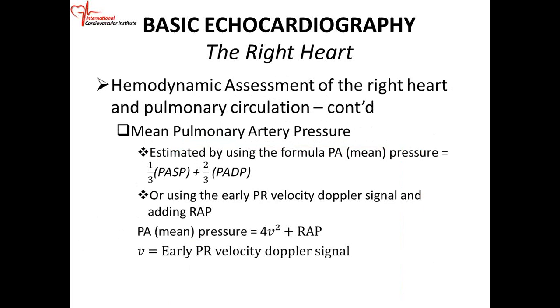So whatever method you're going to use to get your pulmonary artery systolic pressure, usually the TR peak velocity, 1/3 of that plus 2/3 the PA diastolic pressure will give you your mean PA pressure.